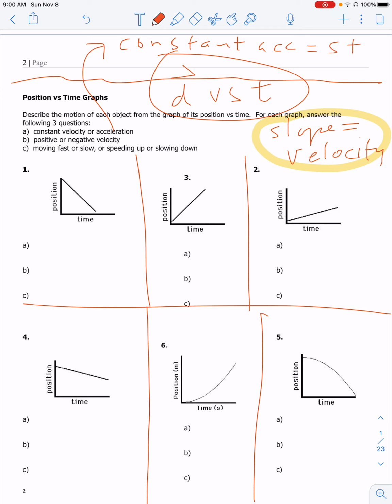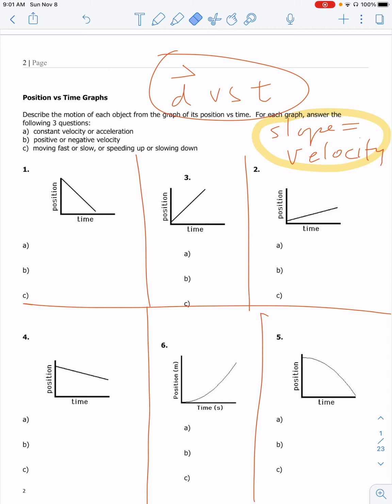Either you're stopped, at rest, or you're moving with constant speed. Sorry about that, I'm messing this up. Zero acceleration. Here, let's not even worry about it yet. I'm jumping ahead too quickly here.